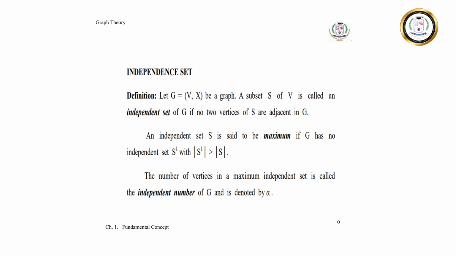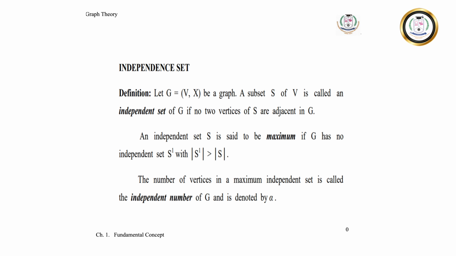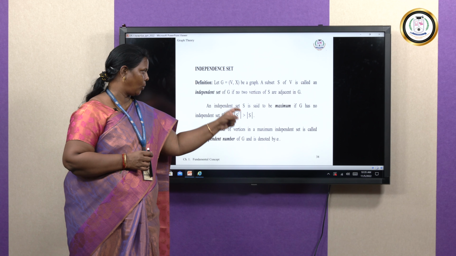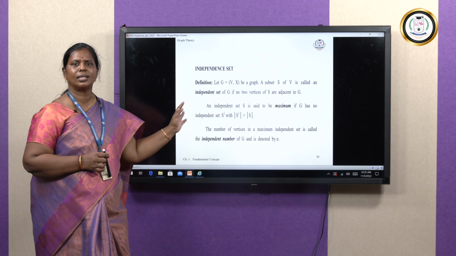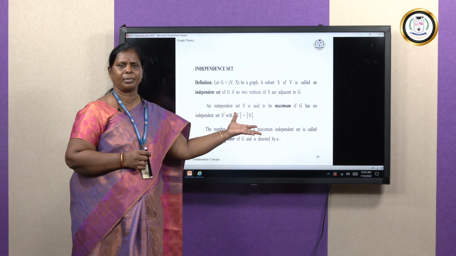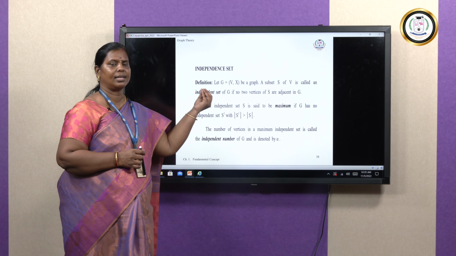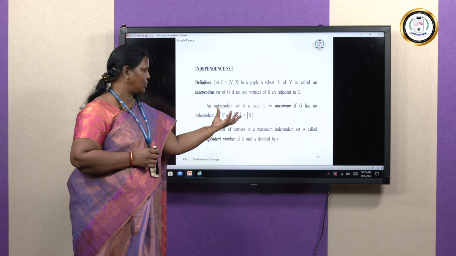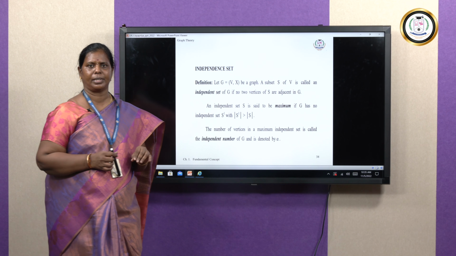An independent set is said to be maximum if G has no other independent set larger than it. Suppose S dash is another independent set, then S dash should not be greater than S. This case should not happen.